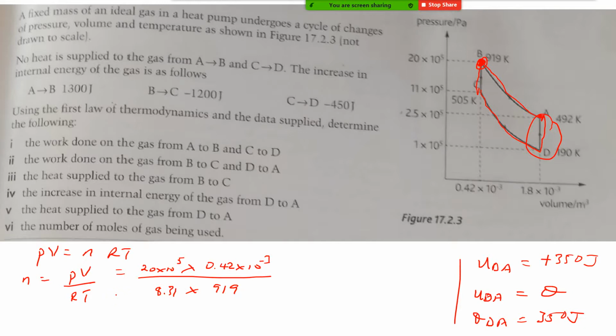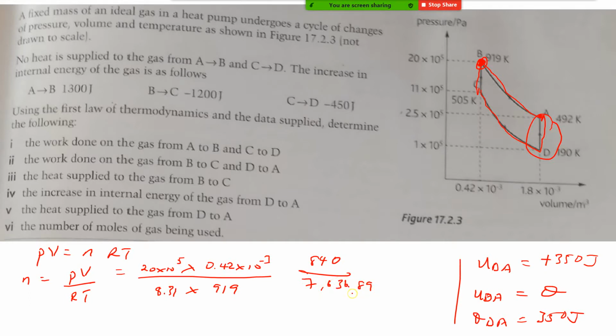So let's just try to work that out and see what we're getting. 20 e to the 5 times 0.42 e to the minus 3. The numerator gives me 840. I'll divide that now. 8.31 times 919, I get 7,636.89.